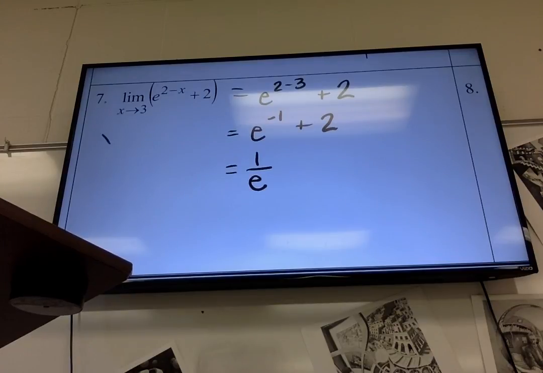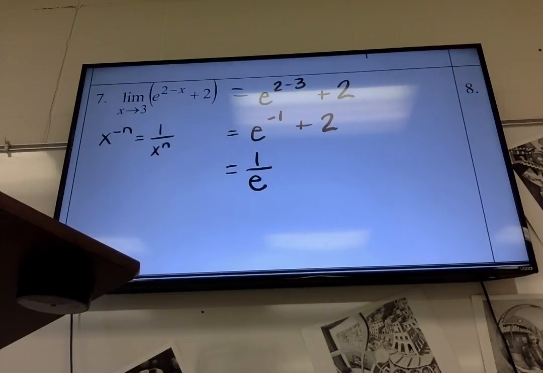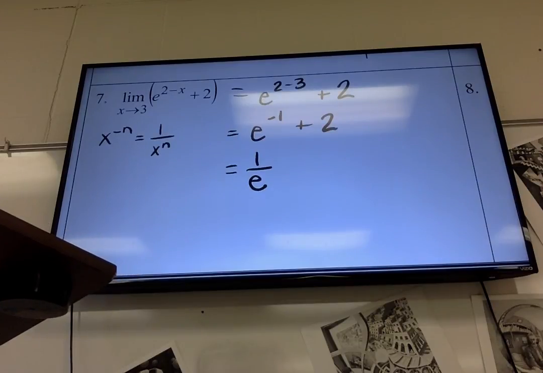Yeah, the rule is if you have a negative exponent, you can flip it, make it a positive exponent. Now you will find on the AP exam, they won't allow you to use negative exponents except with e. Occasionally they will, in the multiple choice answers, leave it as a negative with e. So you just have to look.